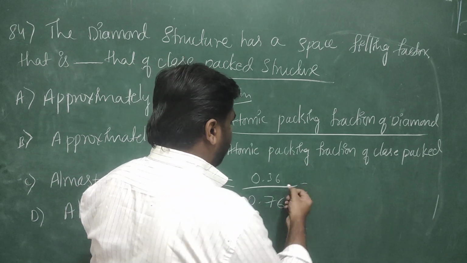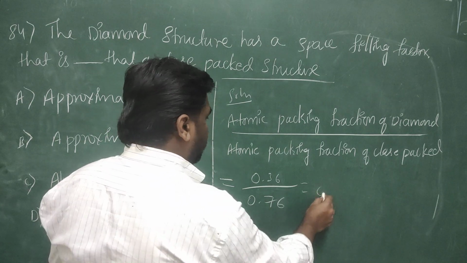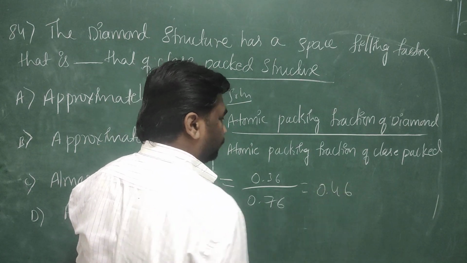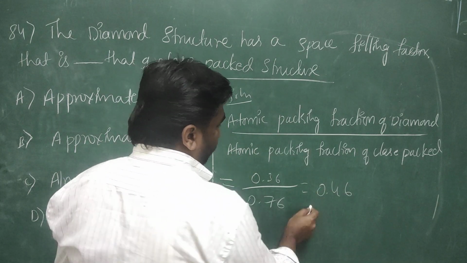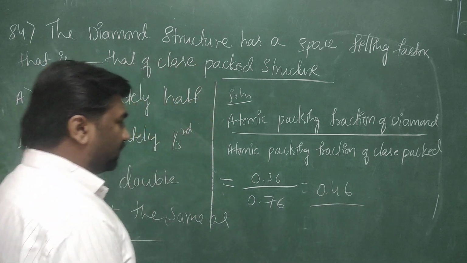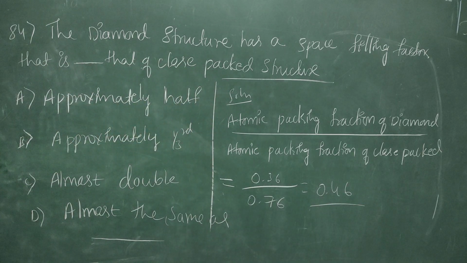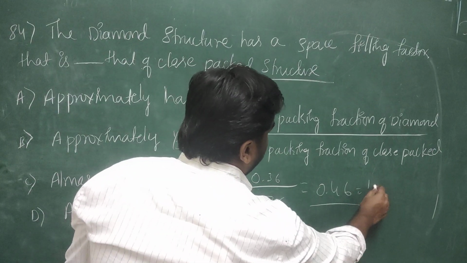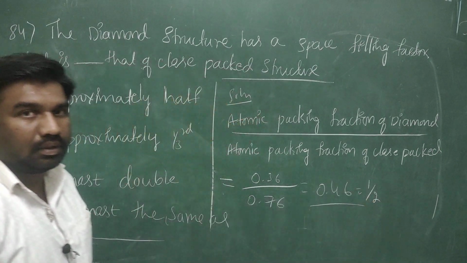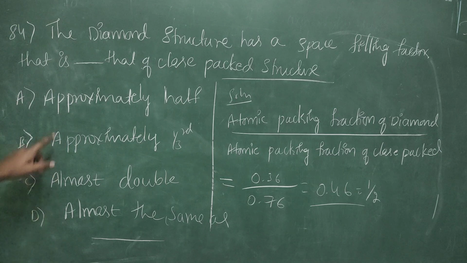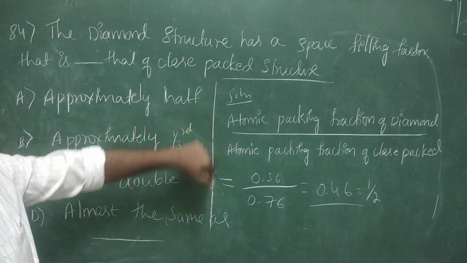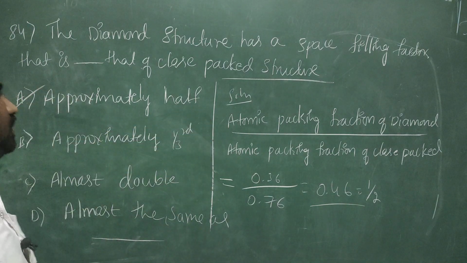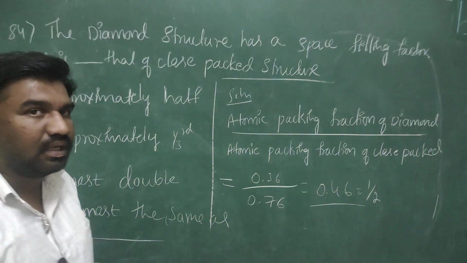If you take the ratio of this, we will get approximately 0.46, and this 0.46 is nothing but 1 by 2. So it is approximately 1 by 2, and option A is the correct answer.